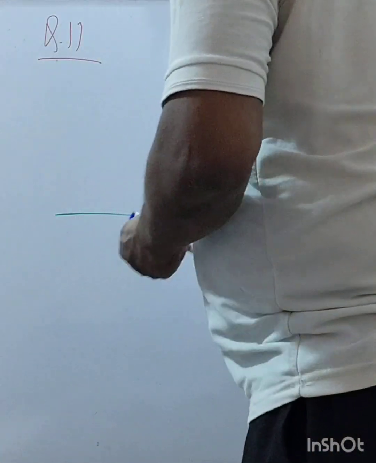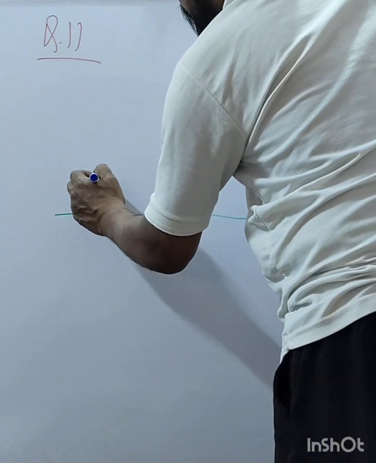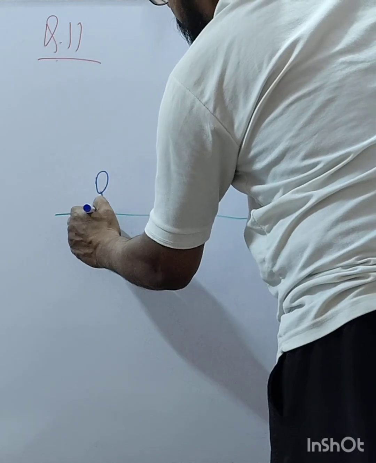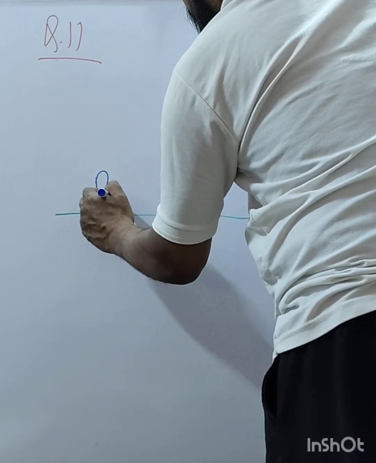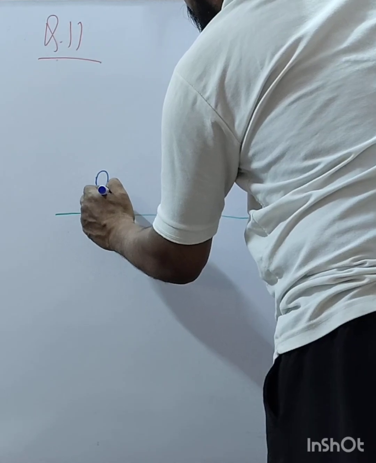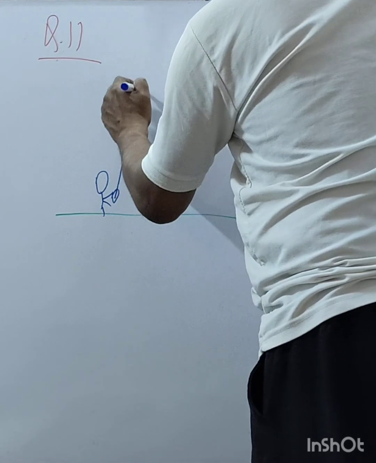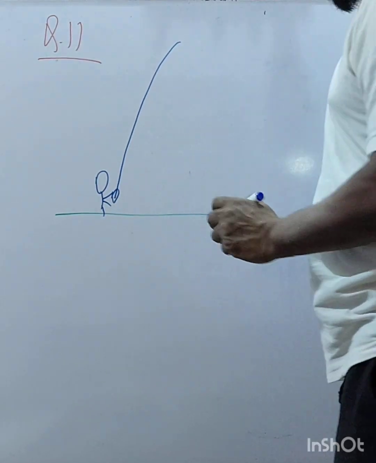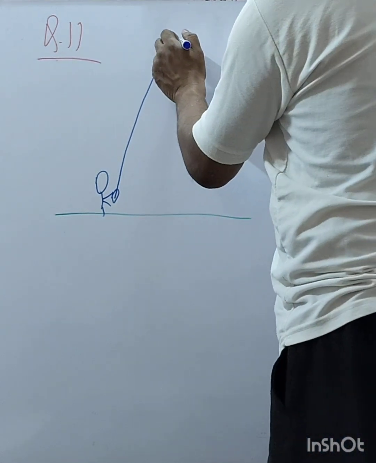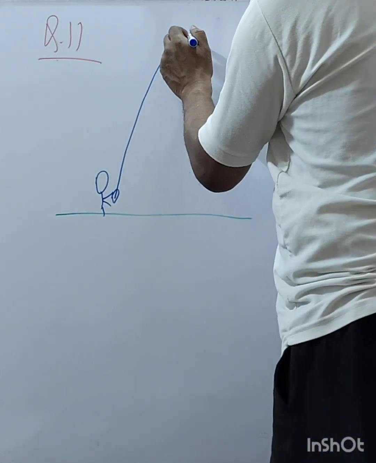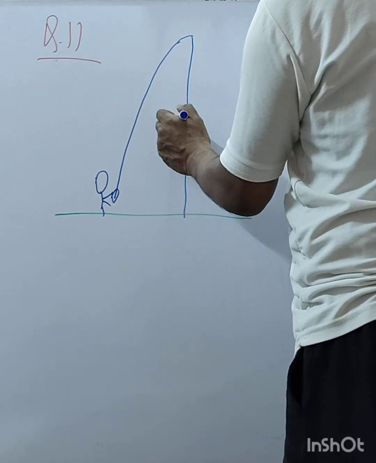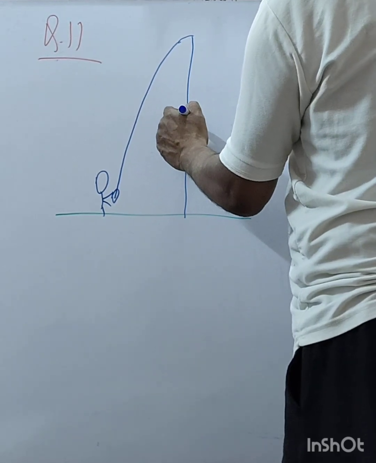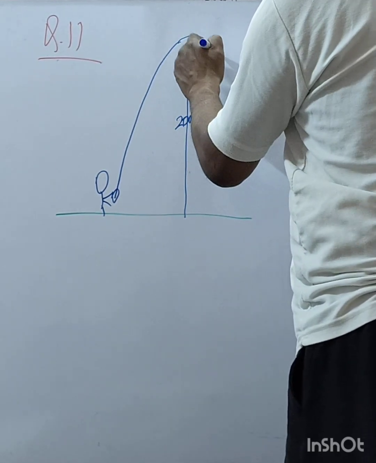This is the ground, and a ball is thrown vertically upwards, like this. It goes to a height of 20 meter and then returns to the ground.